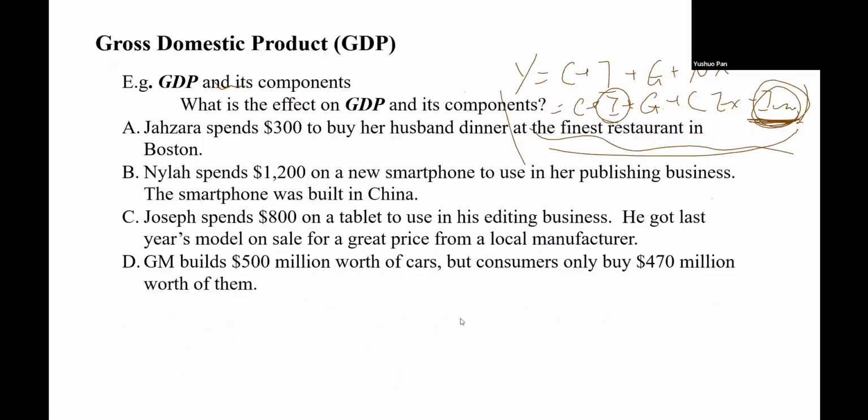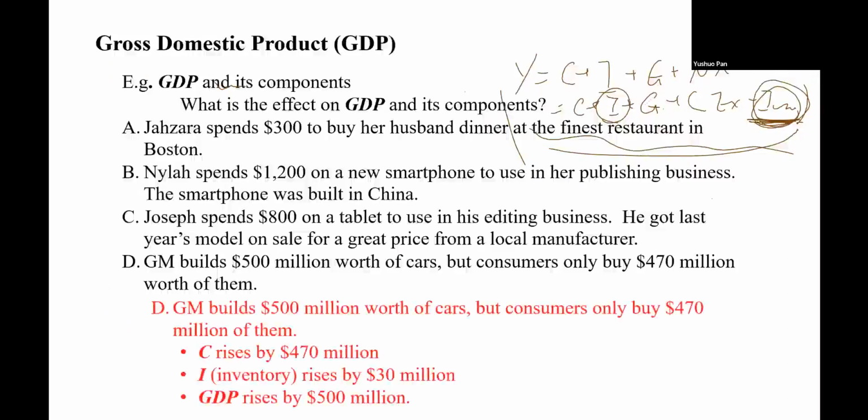How about D? What happens to the components? What happens to the GDP? Because again, that's the same as the orange juice company, right? I produce this amount of product, so that's the GDP this year. But that could be divided into different parts.